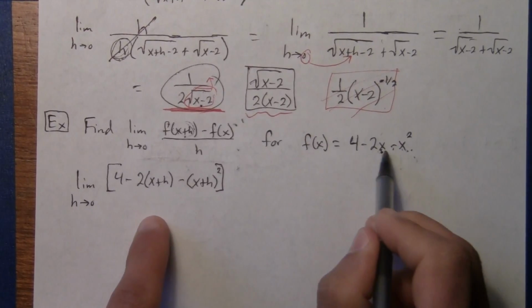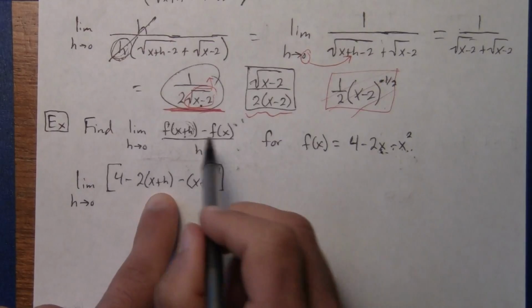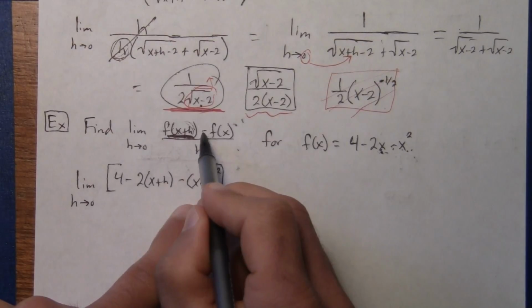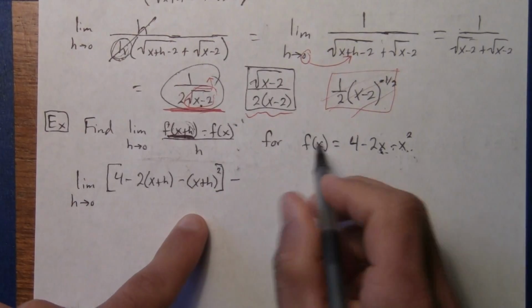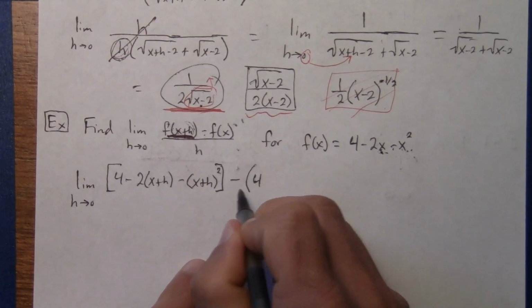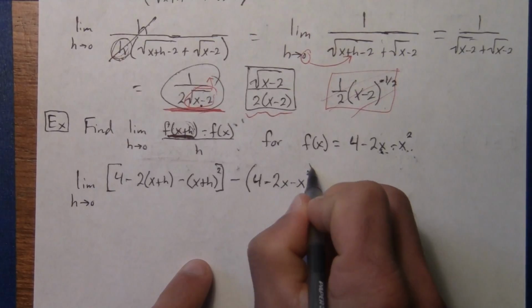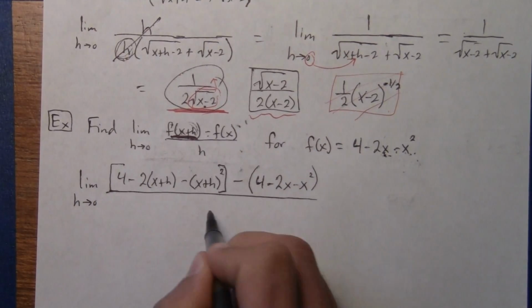So notice that I basically copied down that function, but I replaced x with x plus h. That is this part of it. I still have minus f of x, which is the original function. So minus, put parentheses or bracket or whatever you want, but make sure you distribute that negative. It's 4 minus 2x minus x squared. And now it's all over h.